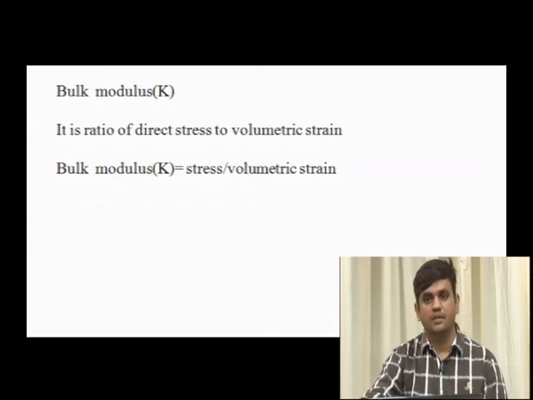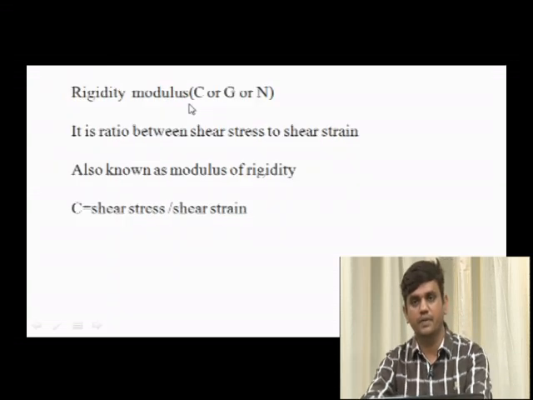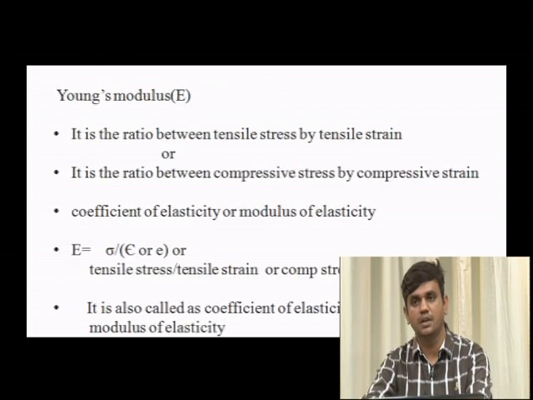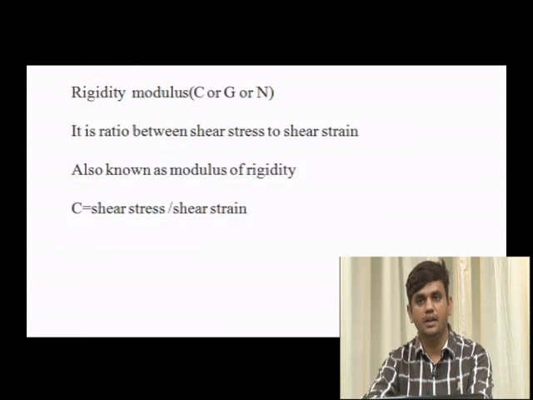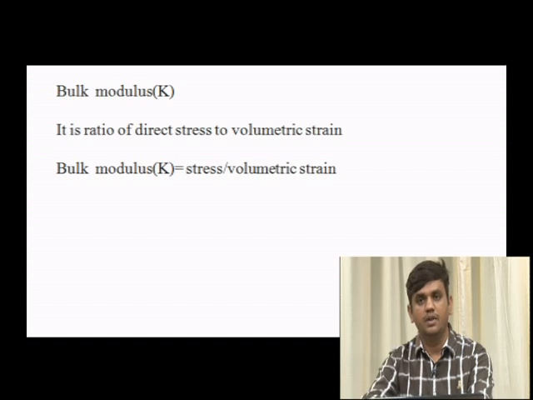And the last quantity of the elastic constants, the bulk modulus. It is the ratio of direct stress to volumetric strain. Remember, for the first and second quantities, that is Young's modulus and rigidity modulus, it is only stress by strain. Here in the bulk modulus, it is stress by volumetric strain. Bulk means volume.